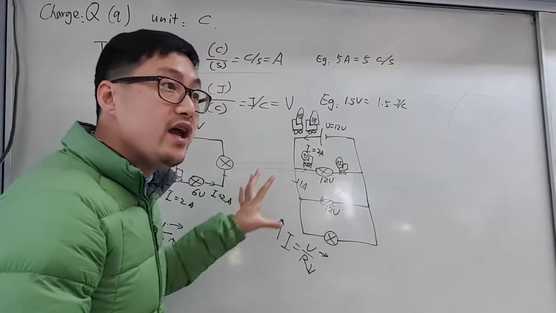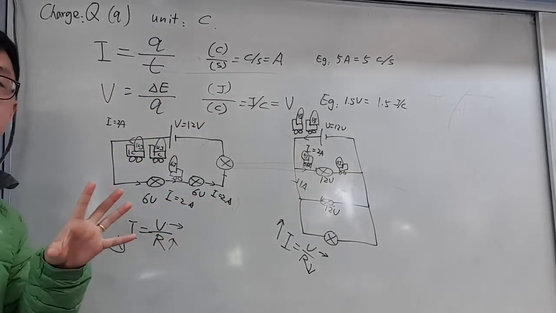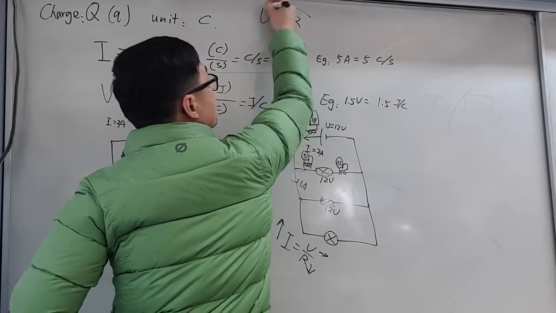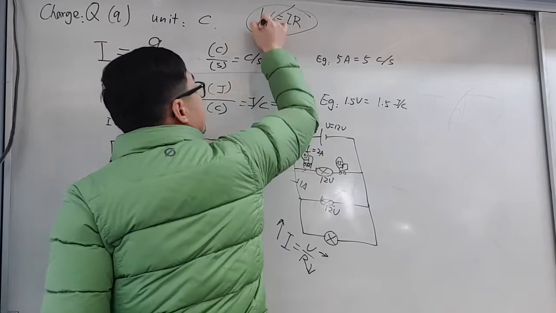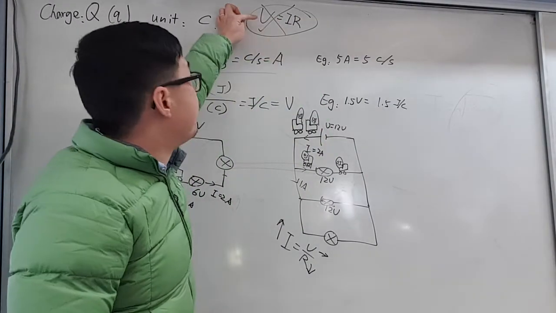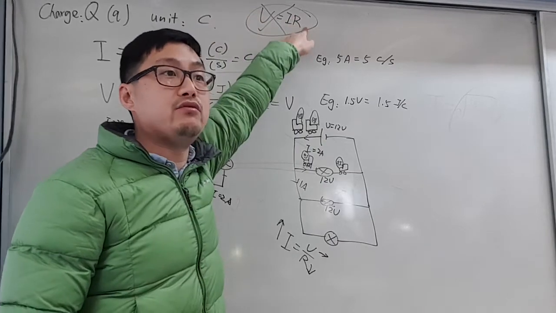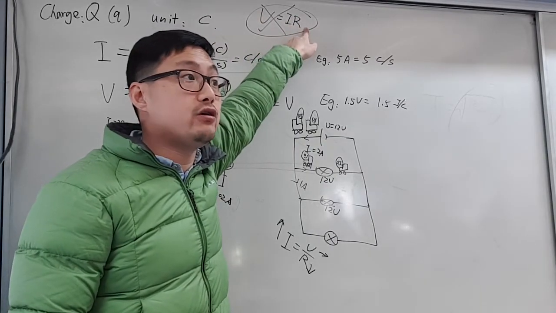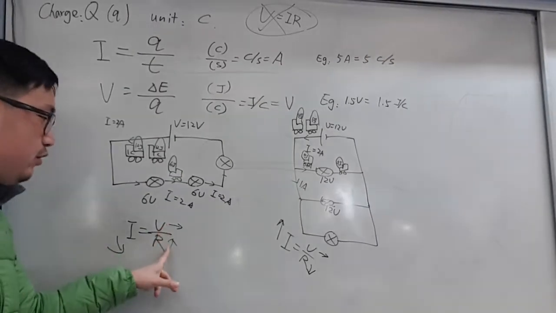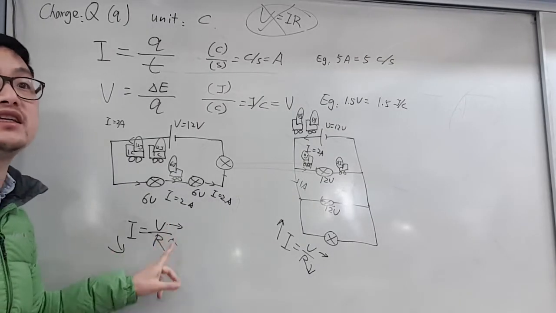Okay, and you see, in NCEA, they give you this equation, V equals IR, right? I don't like this equation at all, because it says V equals IR, like V is dependent on the current and resistance. And that is not true. In reality, the current can change, and these two are the independent variables you have to set at the beginning.